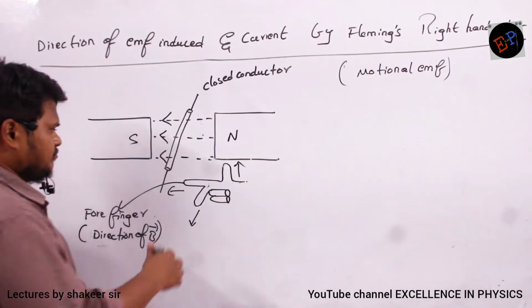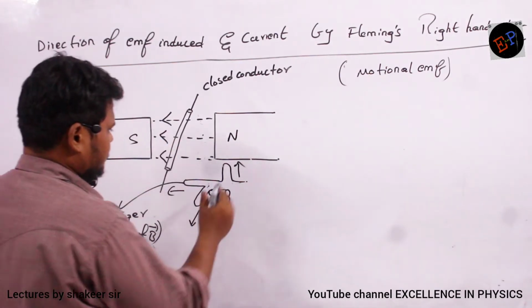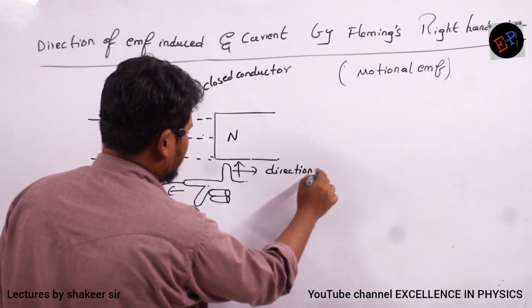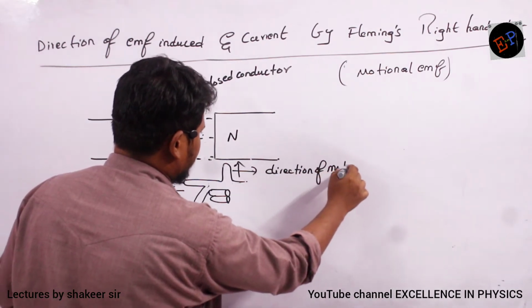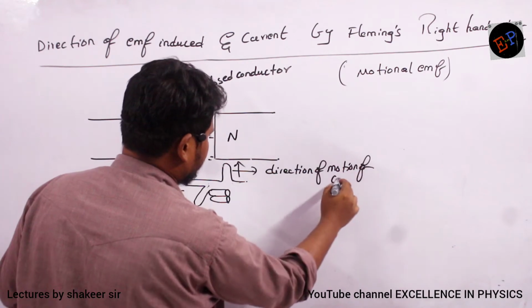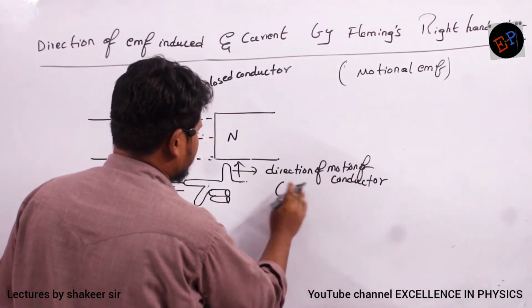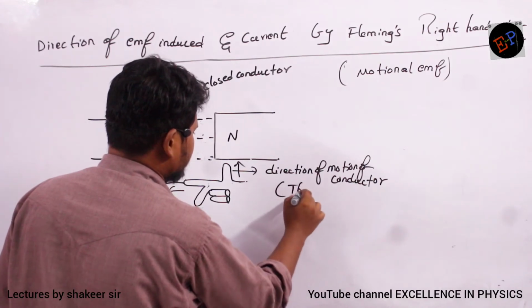Thumb gives direction of motion of conductor. In which direction we are moving the conductor. This is thumb.